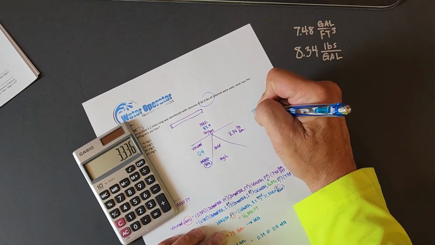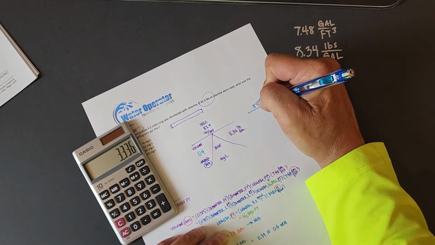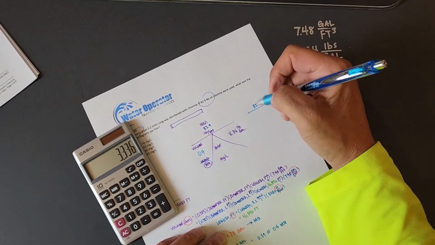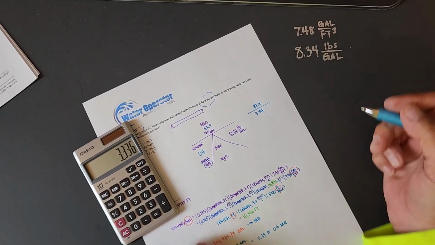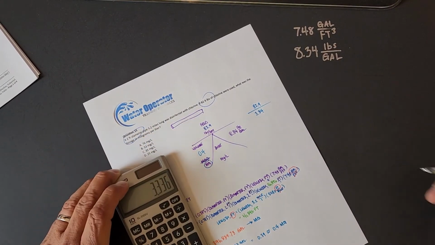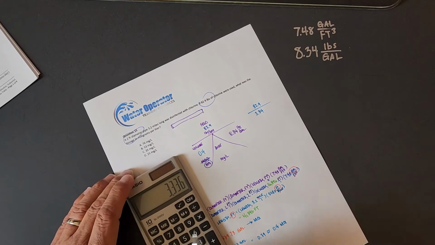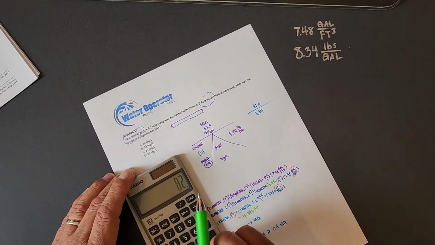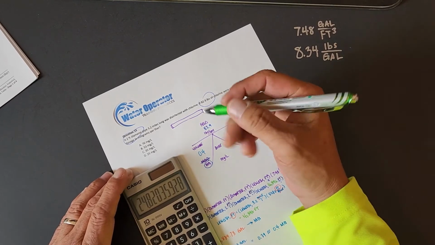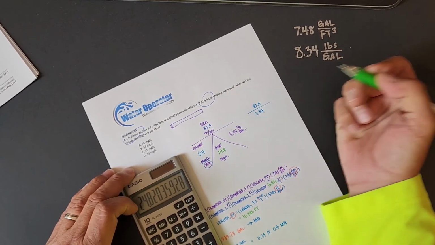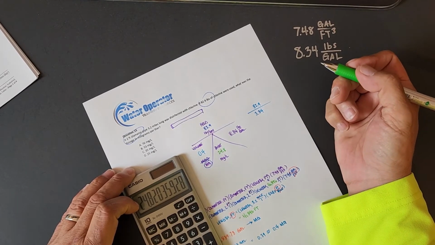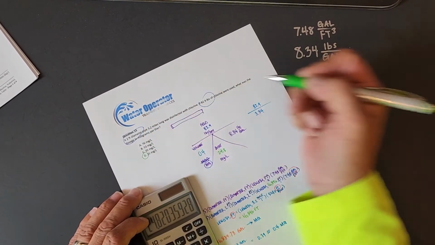That equals, so up here we have 82.9 divided by 3.34. Let's call it 3.34. Let's do the math. 82.9 divided by 3.34 equals 24.8 milligrams per liter. The best answer is D.